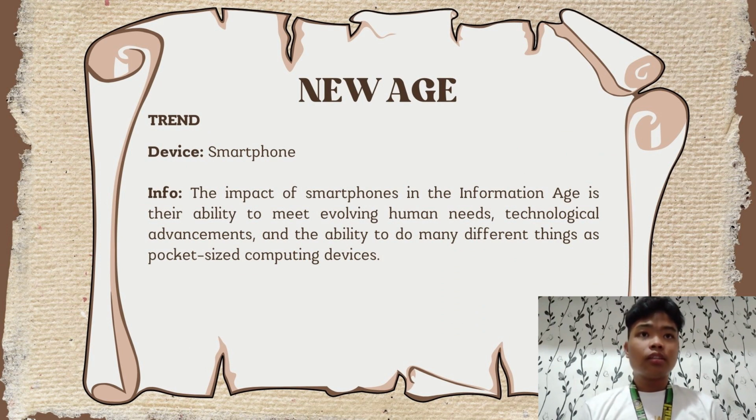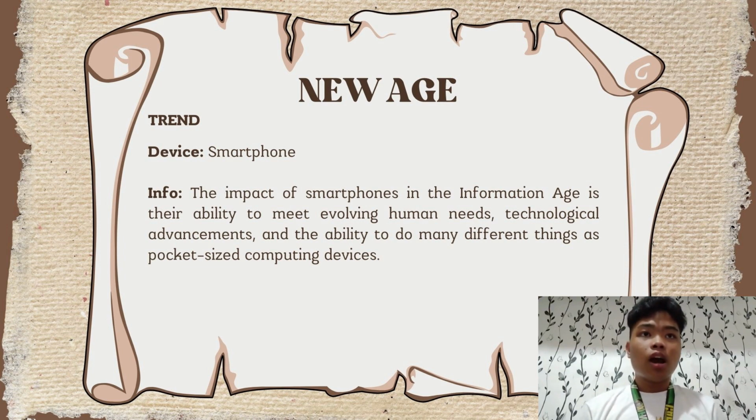The information age has brought about a digital revolution, and smartphone devices are at the heart of this transformation. They started as a basic communication device, but evolved into a powerful tool that has changed the way we live, work, and interact with the world.